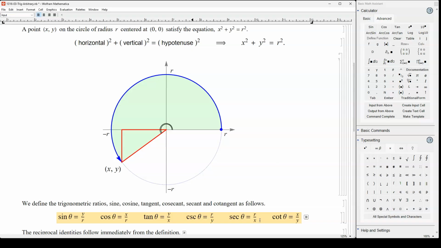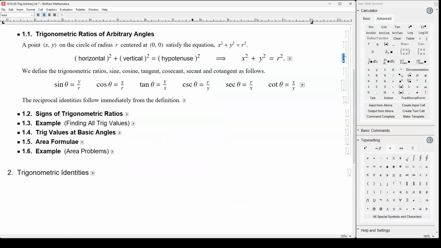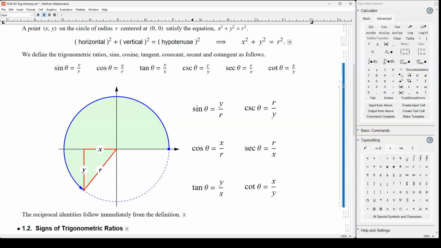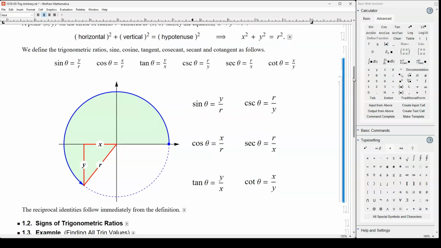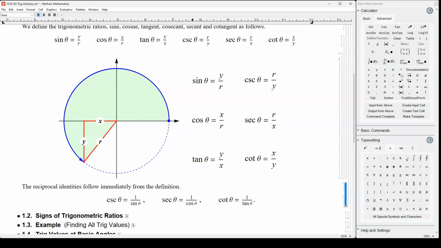And then cosecant, secant, and cotangent are just reciprocals: one over sine, one over cosine, and one over tangent respectively. So these three are not very important as far as the geometry is concerned. The reciprocal identities follow immediately from the definition.